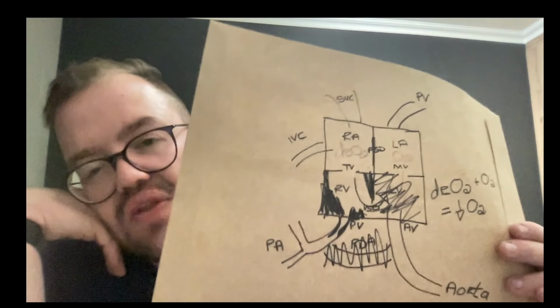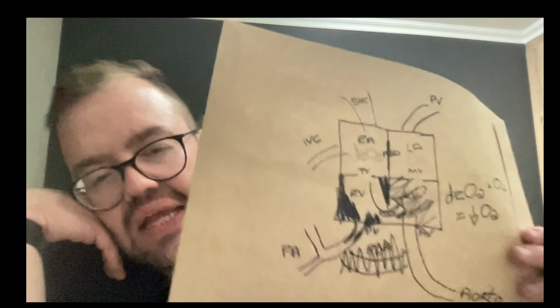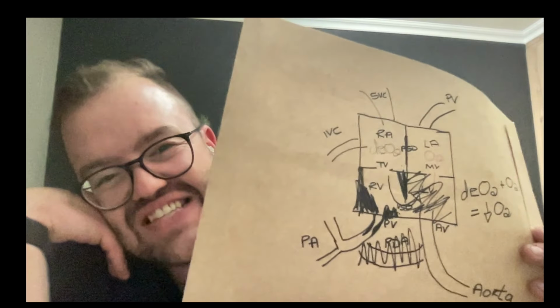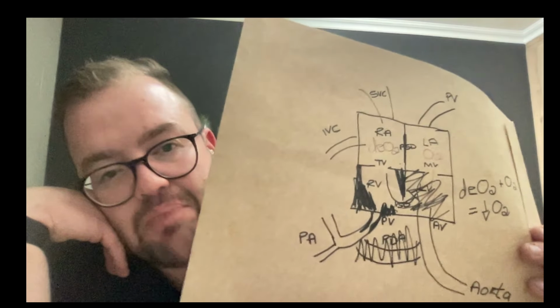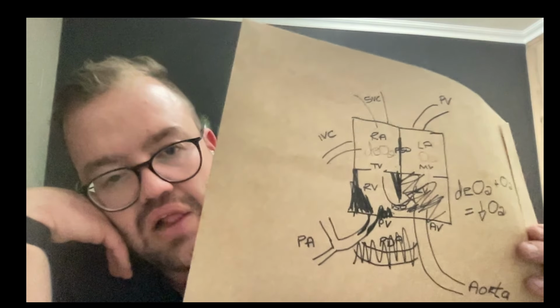So imagine that the left ventricle doesn't exist. So how in the world is this child going to get blood systemically? Well, it has to have a PDA or a massive ASD, or what they call a common atrium.